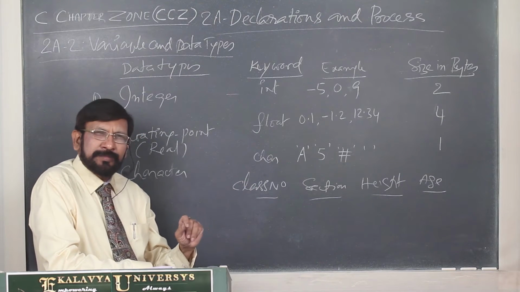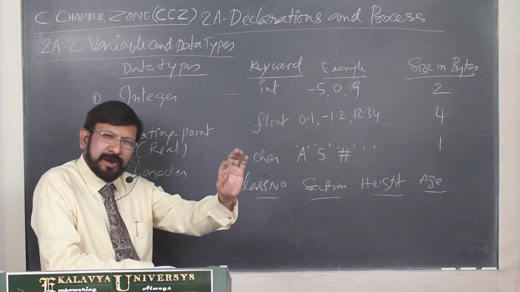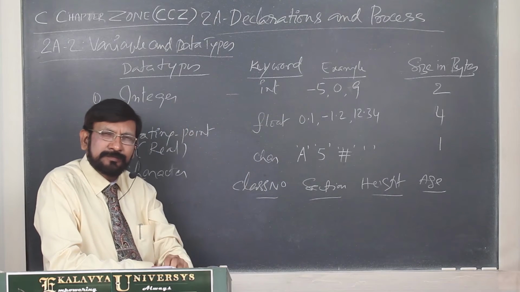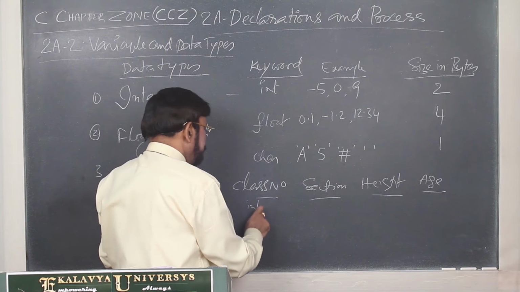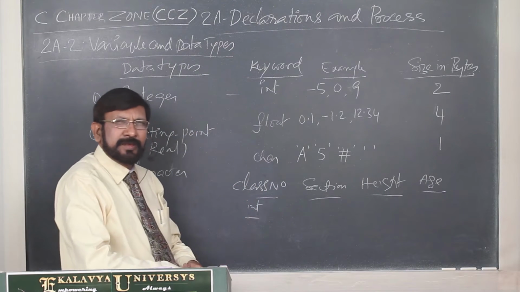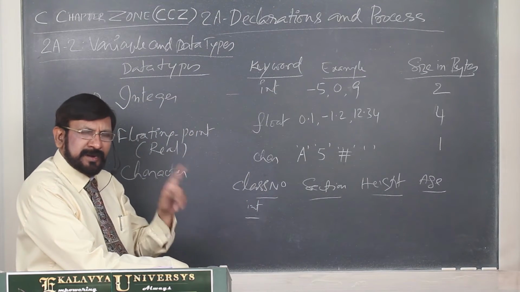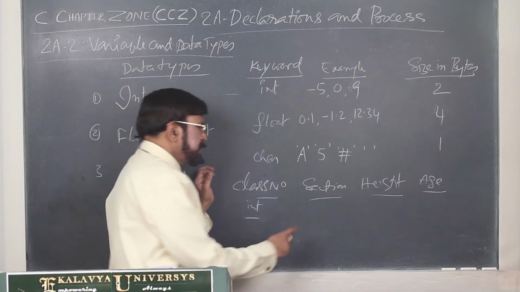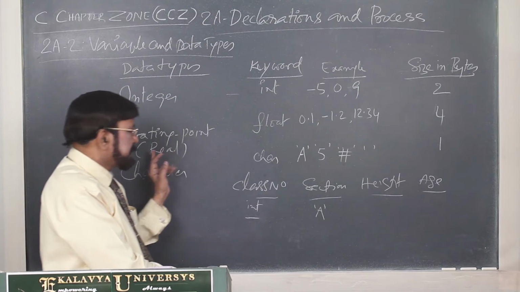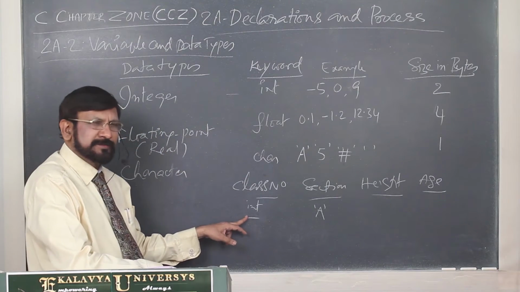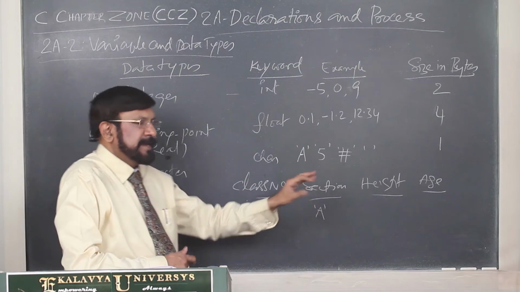Now class number. Class number is always a 100% integer value, so its data type is int. Section. Normally it is represented as A section, B section, C section and so on, so it is always a character, char type. It takes 1 byte.